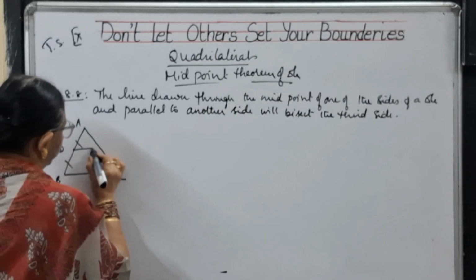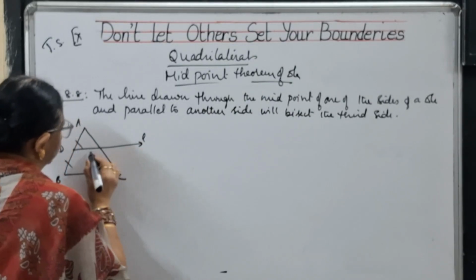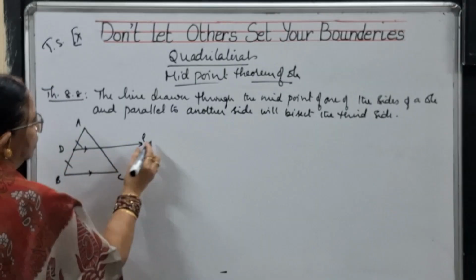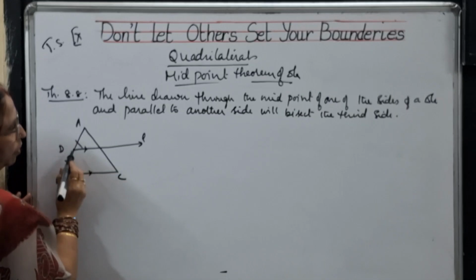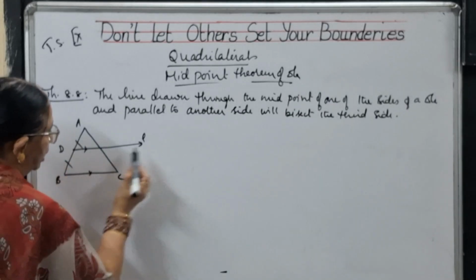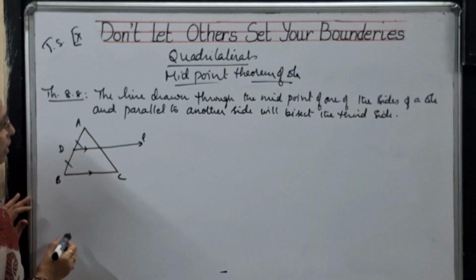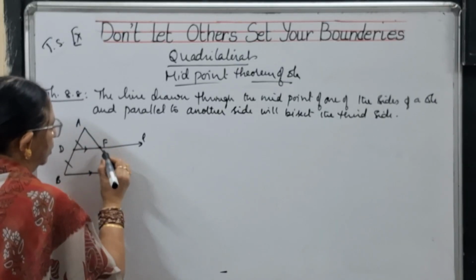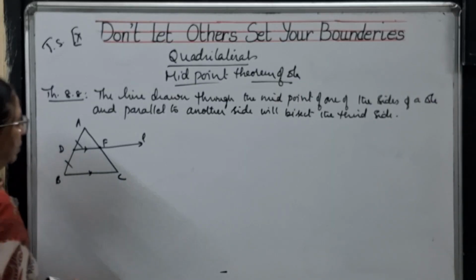And if you have drawn a line L, this is parallel to another side. So the line drawn through the midpoint of one of the sides of a triangle and parallel to another side will bisect the third side. You have to prove that AF is equal to CF.